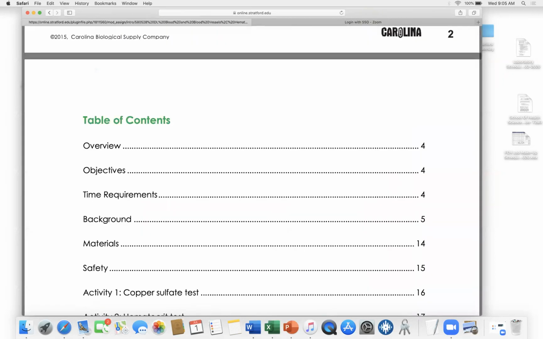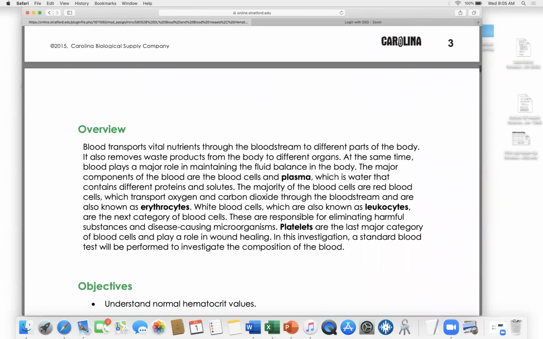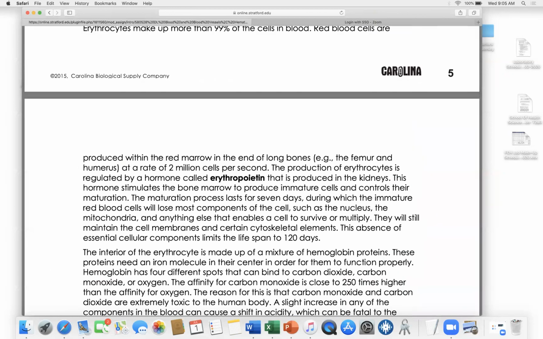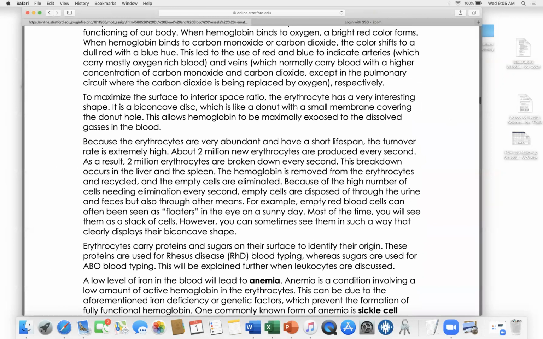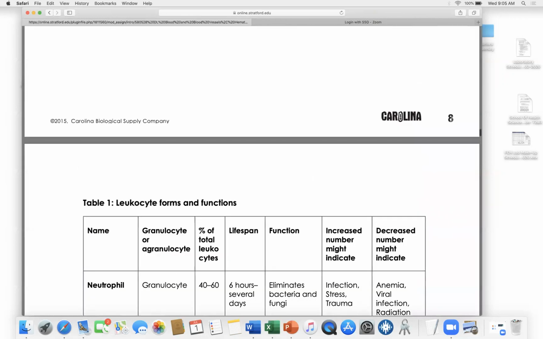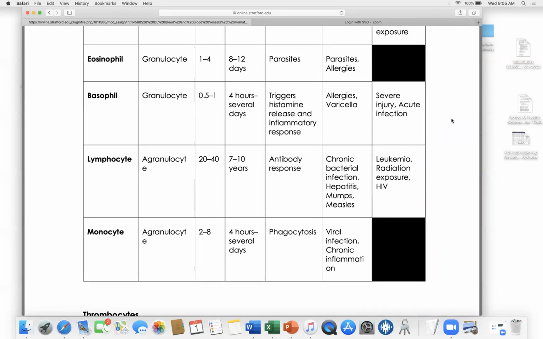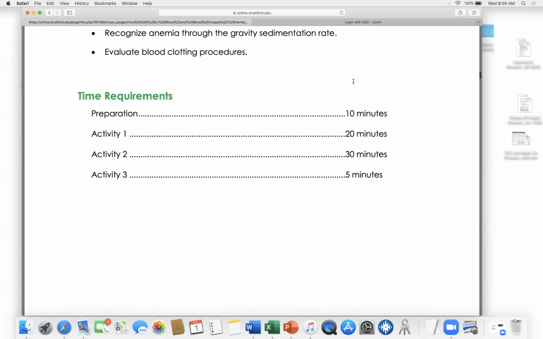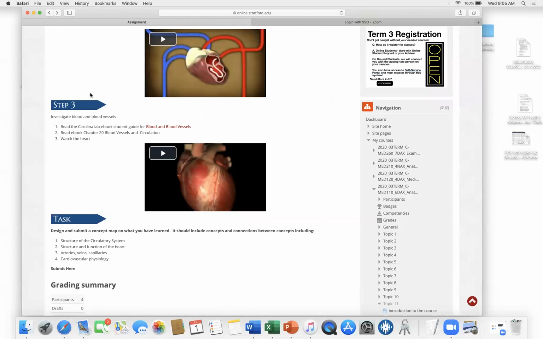They talk about blood. I'm not going to talk about hematocrit too much. I'll talk about blood momentarily, but I'm not going to talk about the labs too much, because you're going to have that when you take your clinicals and when you take any class that you have phlebotomy in.